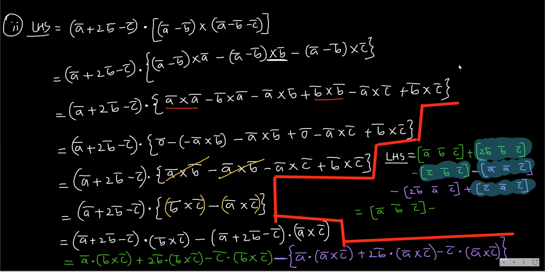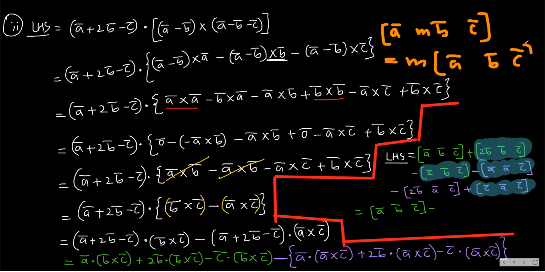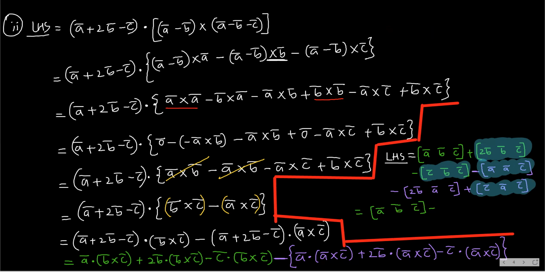If you have A bar, M B bar, C bar, where M is a scalar, this M can come out. It will be equal to M times A bar, B bar, C bar. So when I use this 2, which is a scalar multiplied to vector B bar, I can take that 2 out. So when 2 is out, I get here B bar, A bar, and C bar.